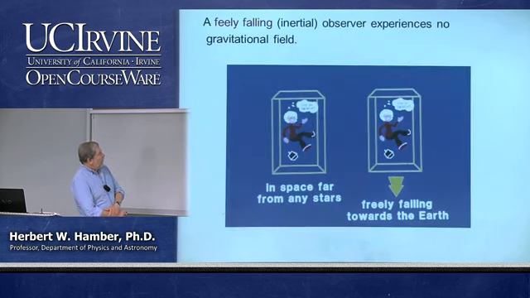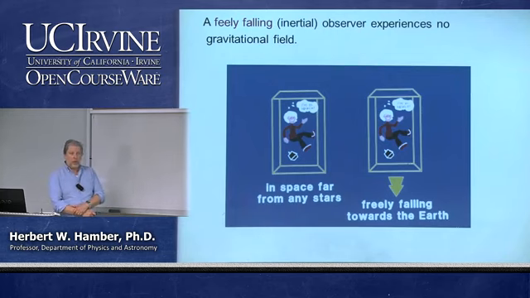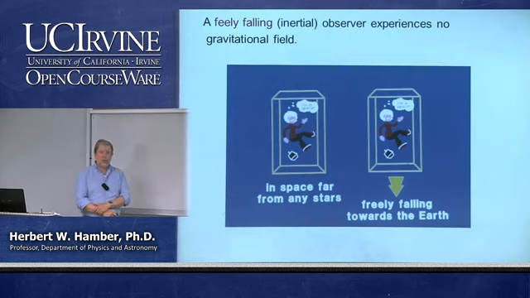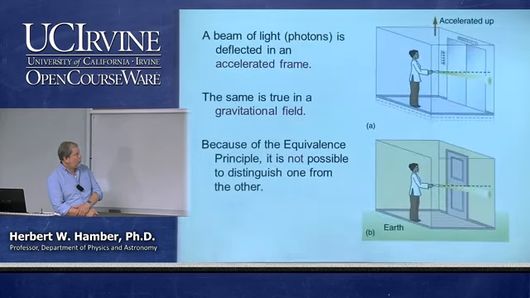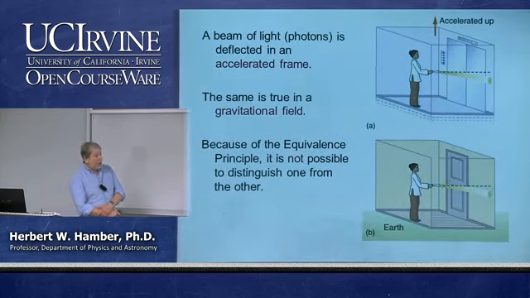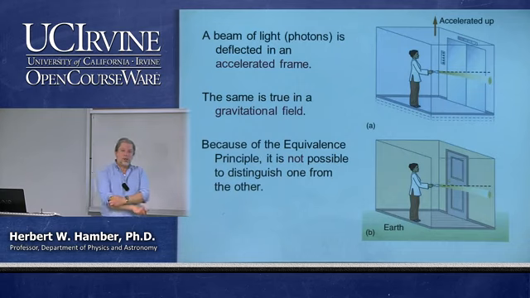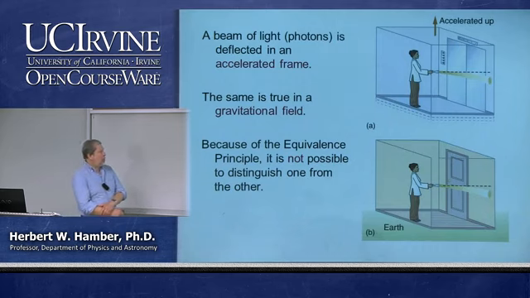And so as a result, if you have this special frame, which corresponds to a freely falling observer, then you can cancel the gravitational field entirely, just like you can cancel the acceleration. The kind of discussions we had apply both to material particles, but also to photons. Light is affected in the same way.